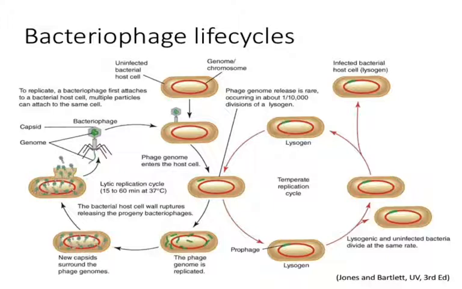Lytic replication at 37 degrees Celsius, for example in E. coli, might take as little as 15 minutes up to 60 minutes. This is incredibly quick. Lysogeny, on the other hand, is a rare event.